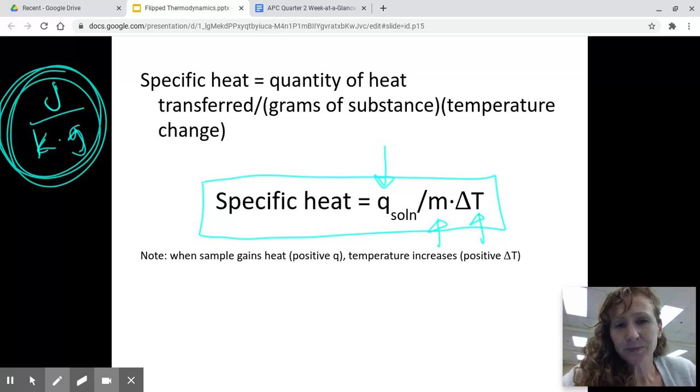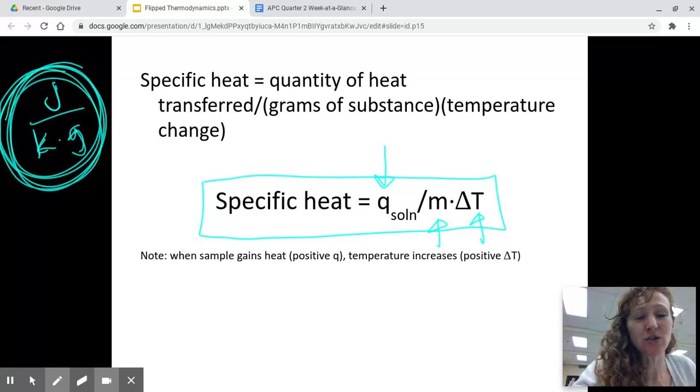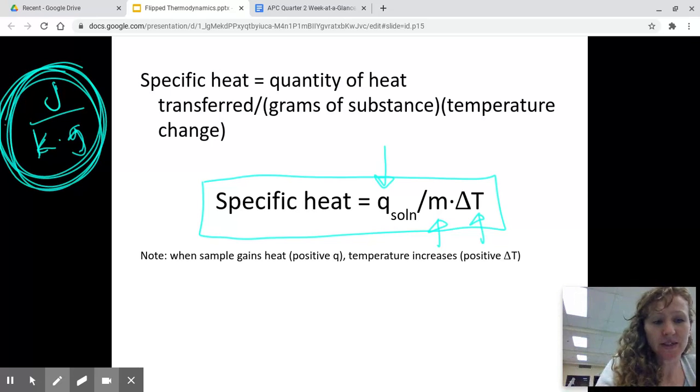Like all of our equations, I'm going to encourage you to derive this, not memorize it. Anytime you have these units, you should be able to piece your way through a formula. Joules is going to come from heat, K is going to come from temperature, and g is going to come from your mass.